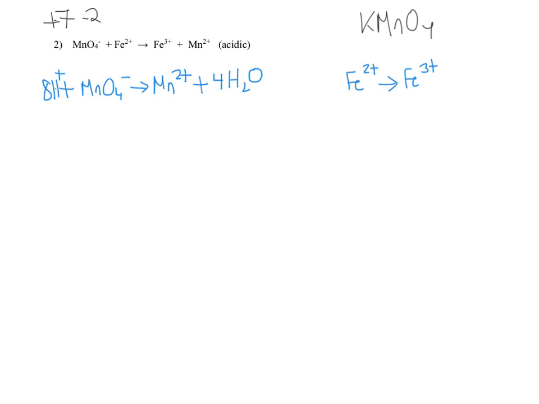I've been pestering you all year about, you can't create matter, you can't destroy matter. And so how come we're just randomly adding waters and H pluses? How is this possible? Are these just coming out of nowhere? Well, of course not. This is an acidic solution. You remember what an acidic solution means?